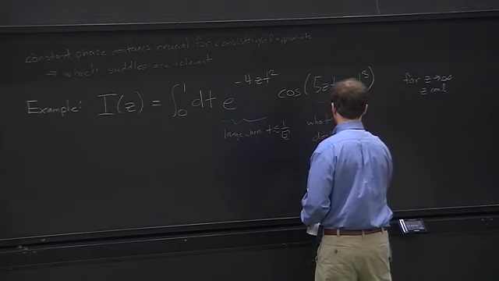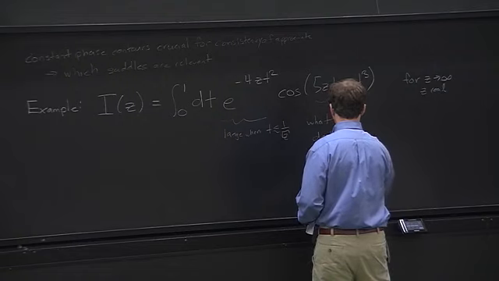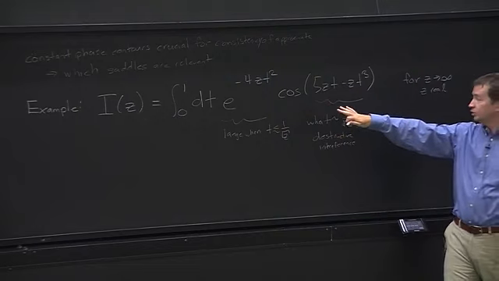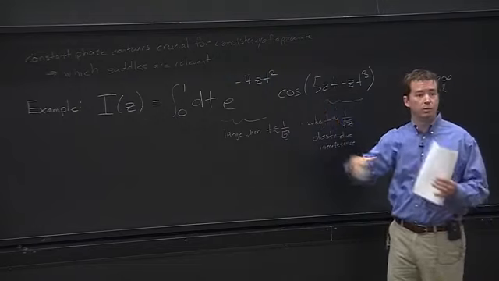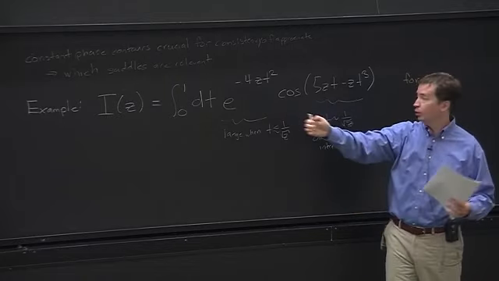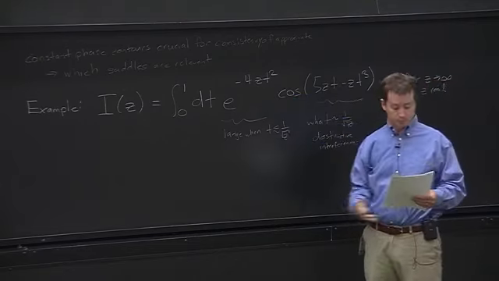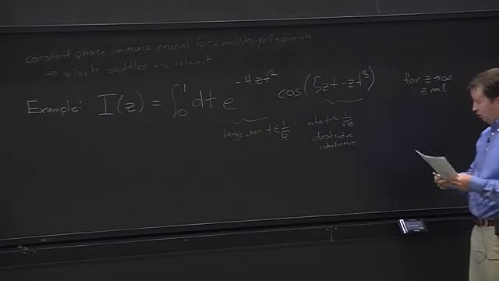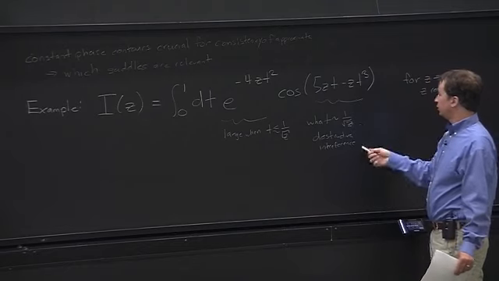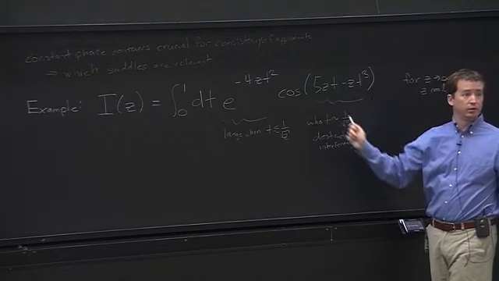So we can't directly apply our method to this integral. We need to manipulate our integral and put it in that form where all of the z dependence is in the exponent. If we do that, then we'll be guaranteed there's no destructive interference.